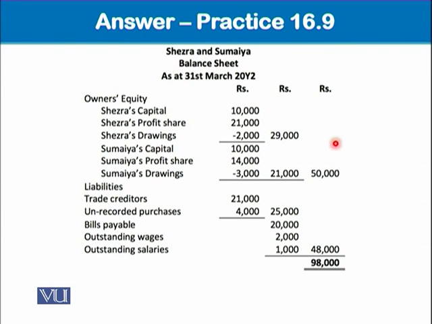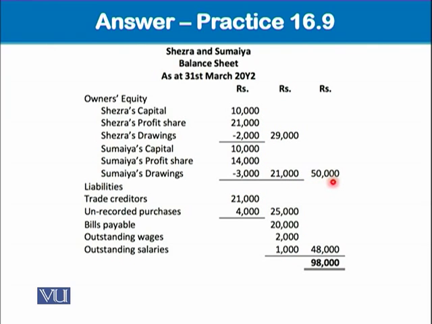Let's see its owner's equity. We have this capital appearing in the trial balance, okay? Profit share of Shazra and profit share of Sumayya will be added, and their drawings will be subtracted. So these drawings will be subtracted and the balancing figure of the capital accounts of the partners is 29,000 for Shazra and 21,000 for Sumayya.